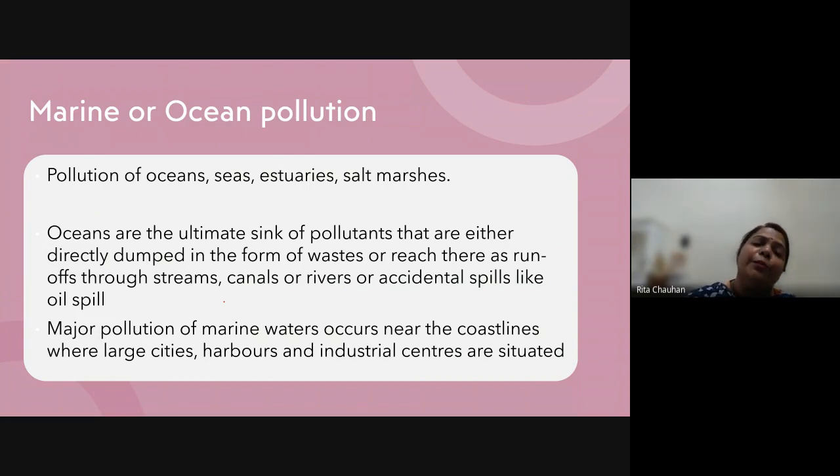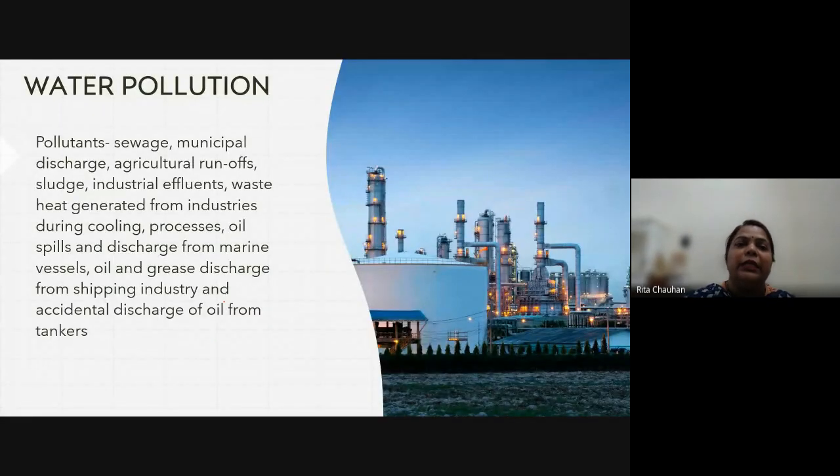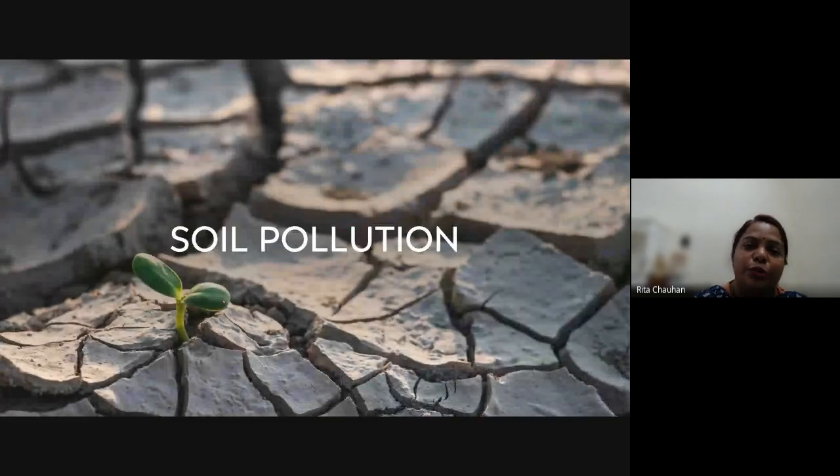So marine water gets affected because of the oil spills, and because of the pollution in that area, the entire ocean is affected. Then the major sources I have already informed you: it is from the sewage, the agriculture runoff, sludge, industrial effluents, heat generating processes, oil spills, grease discharge from the shipping industries. Then there is accidental discharge of oil from the tankers. This is also causing water pollution.